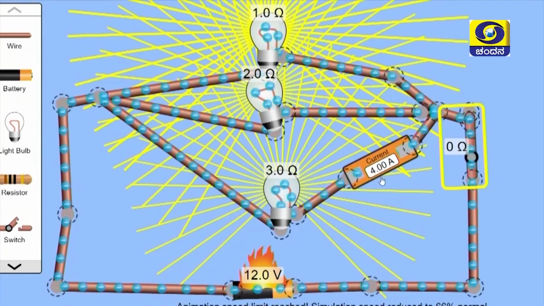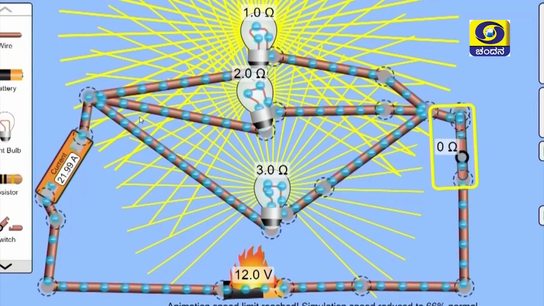Yes, again by Ohm's law, the potential difference is 12 volt and the resistance is 3 ohm, and the electric current in the 3 ohm resistor is 12 by 3, that is 4 ampere. So we can conclude that in parallel resistors, the electric current varies at each resistor, and we can find the electric current's value by making use of Ohm's law.